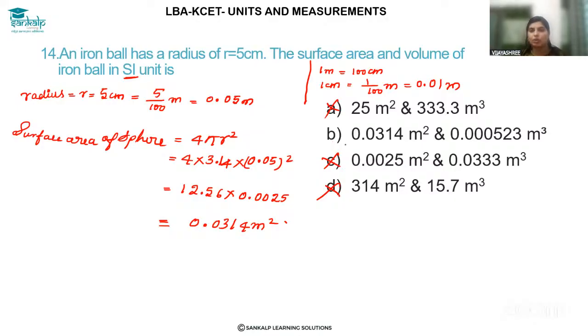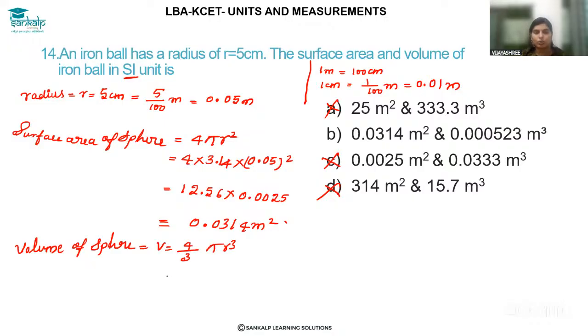Now let us find the volume and verify that option B is correct. So the volume of the sphere. The iron ball is in spherical shape. So what is the volume of sphere? Volume of sphere V equal to 4 by 3 pi r cube.